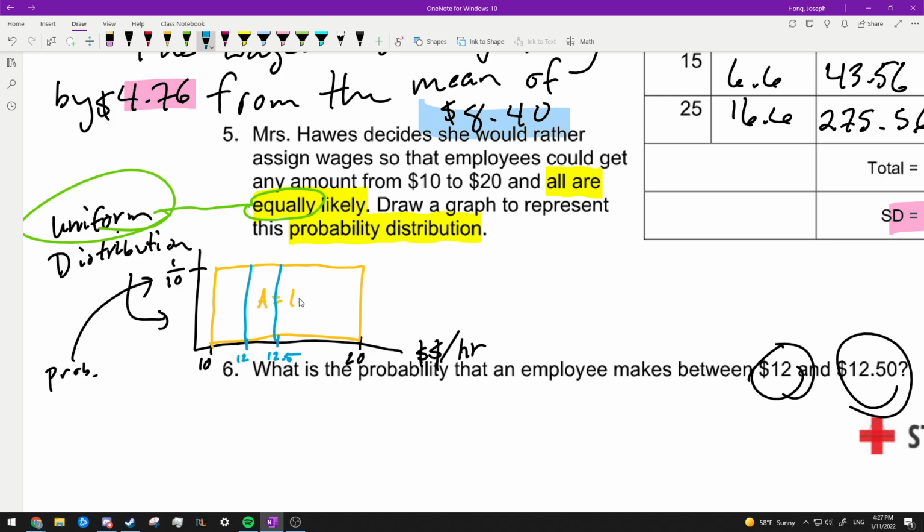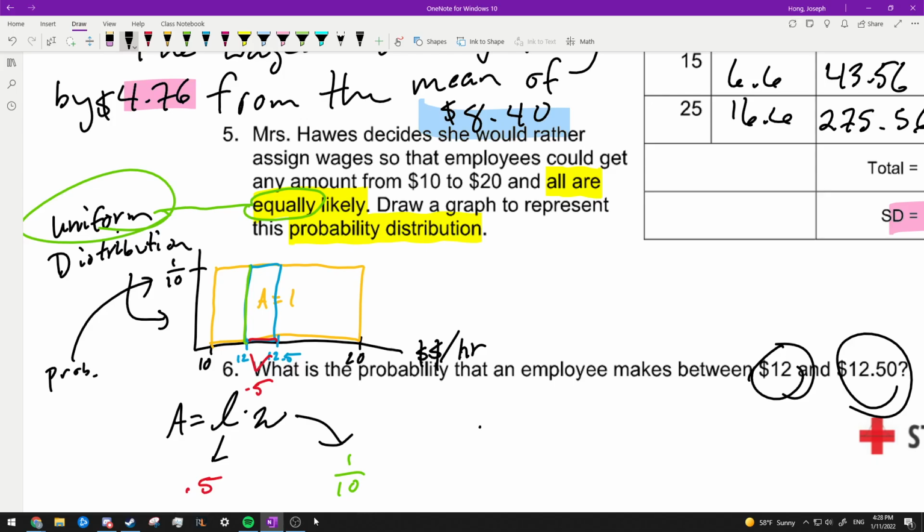This area right here, I can find it using our core geometry equations. So remember, area is length times width. So the distance between these two things right here is 0.5 units. So this is 0.5. And if I have this part of the box as 0.5, then the other part of the box has to be 1 over 10.